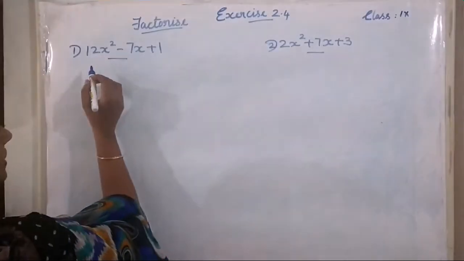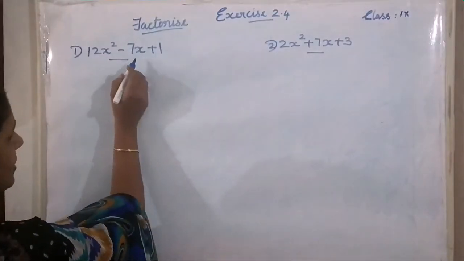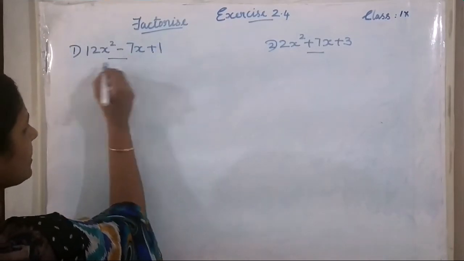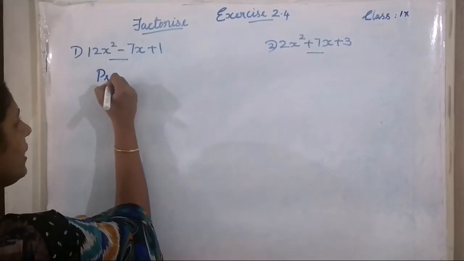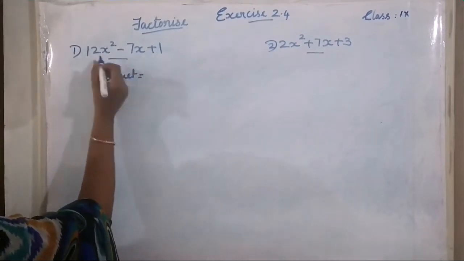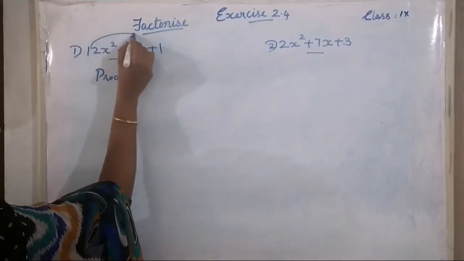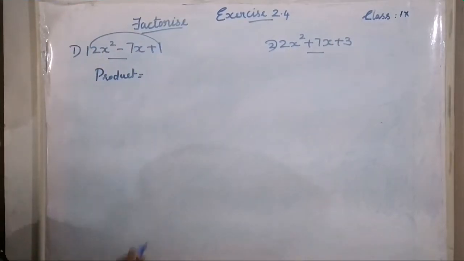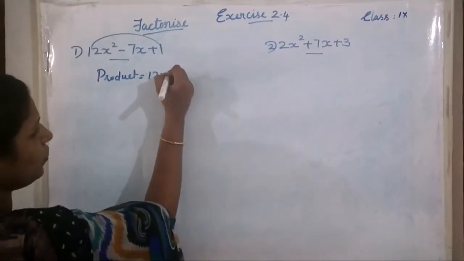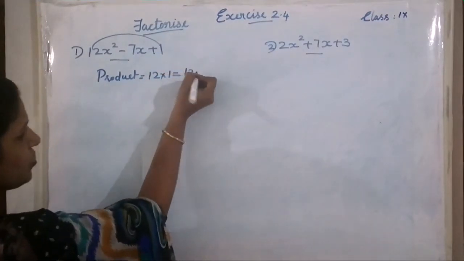That is how to factorize this. First we find the product: 12 into 1 is 12.